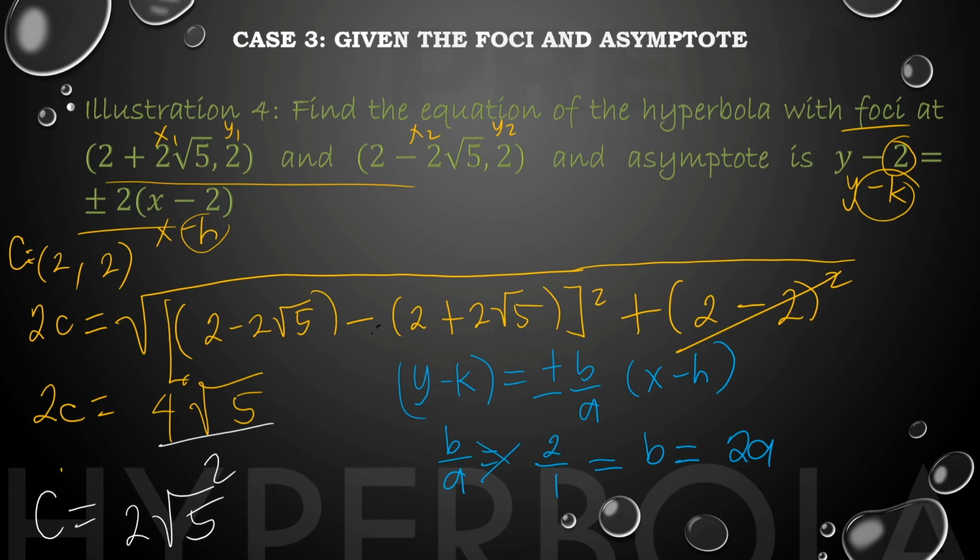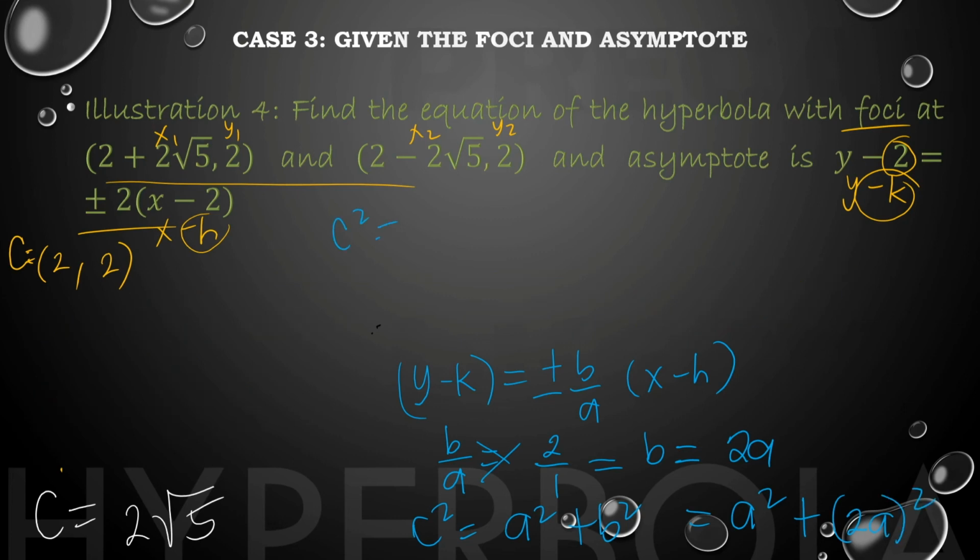And then, Pythagorean theorem. So, c squared is equal to a squared plus b squared. Since yung b natin is 2a, magiging a squared plus 2a squared. So, c squared is equal to a squared plus 4a squared.